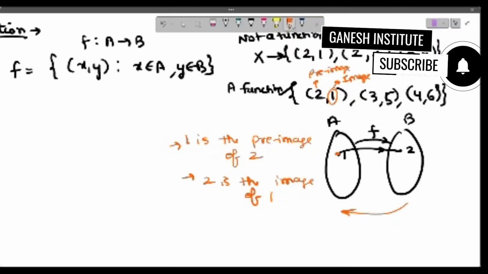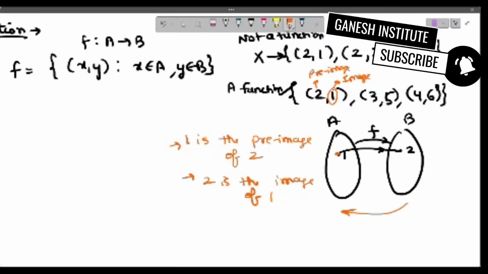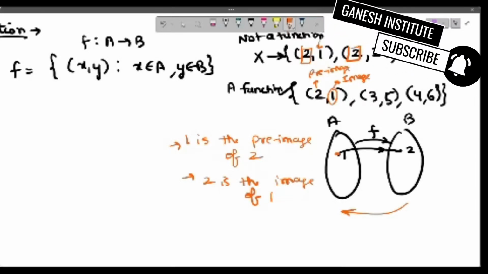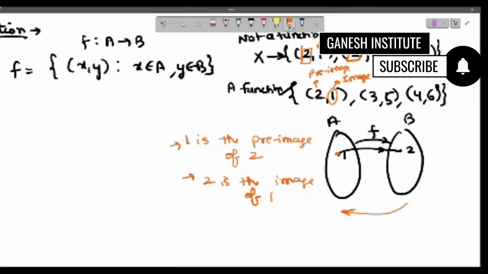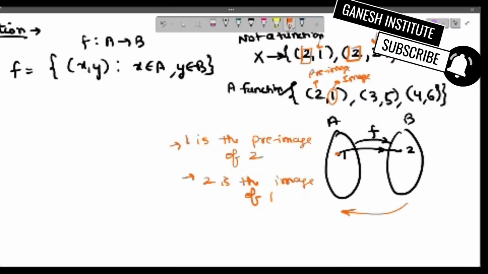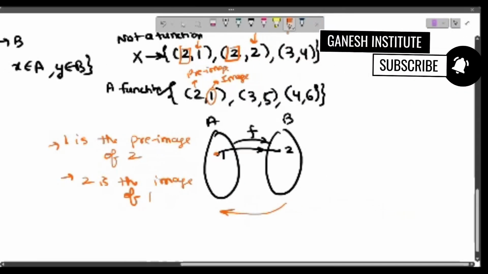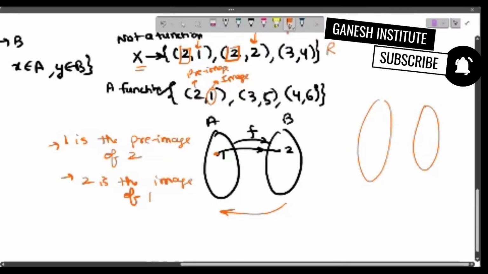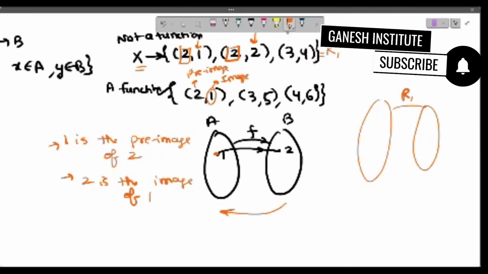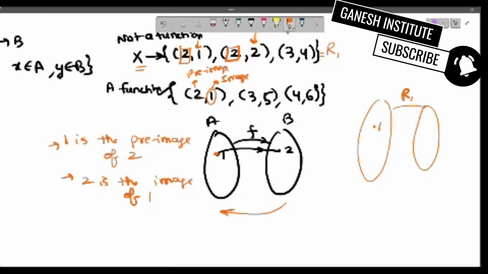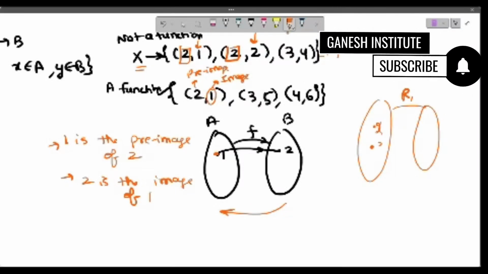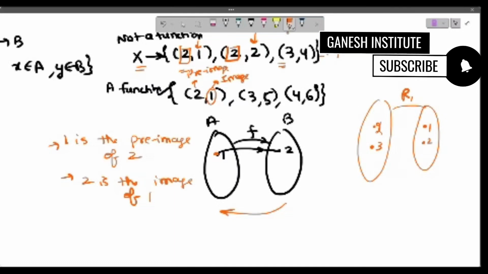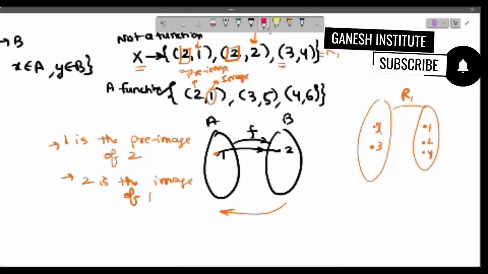So in order to define a function, it is important that no two same values have different y. That means if I map the first one, R1, let's say, I have 2 and 3 as x values, and here 1, 2, 4 as y values.